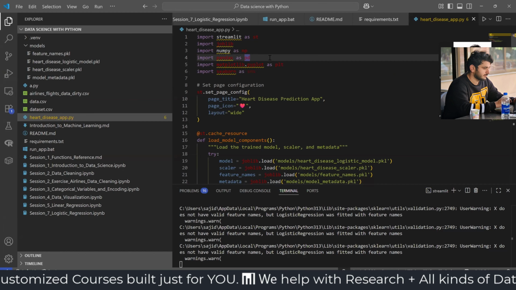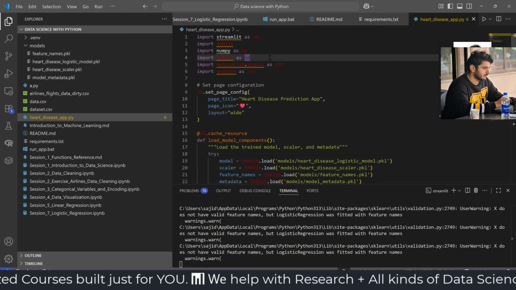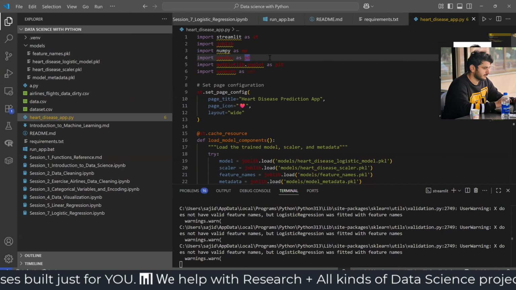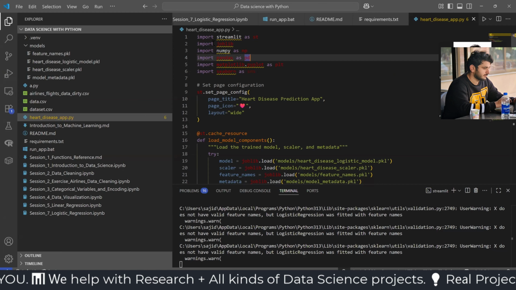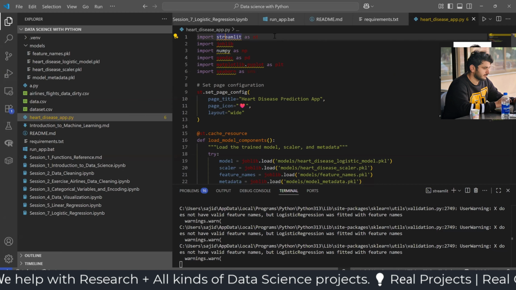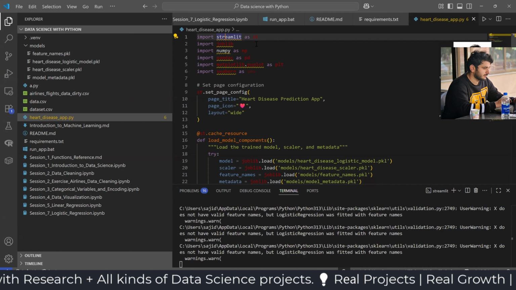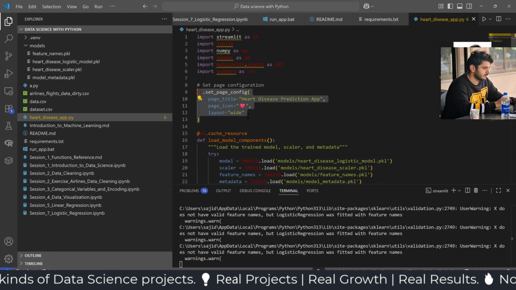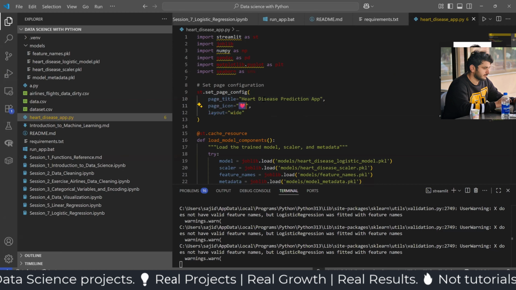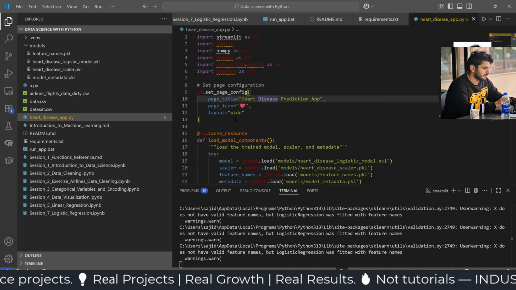Now, in Streamlit, we can use our models and create applications based on that, right? We say import Streamlit as st. Basically, we are importing our package. We are setting the configuration, how our application should look, our icon, our application name, layout.